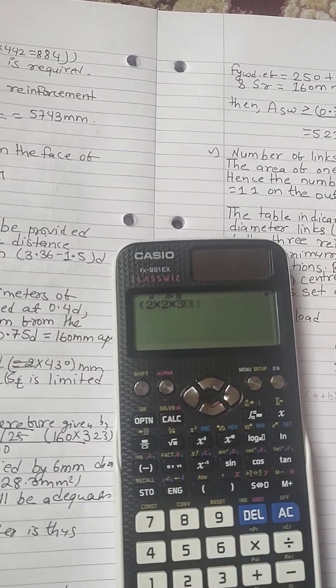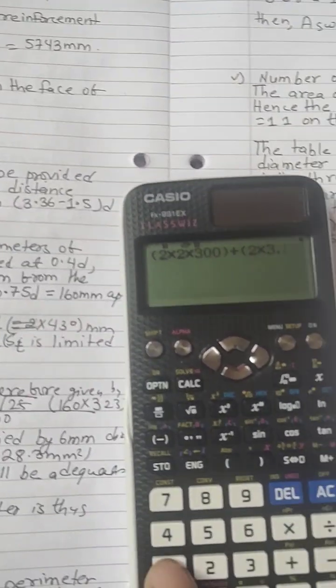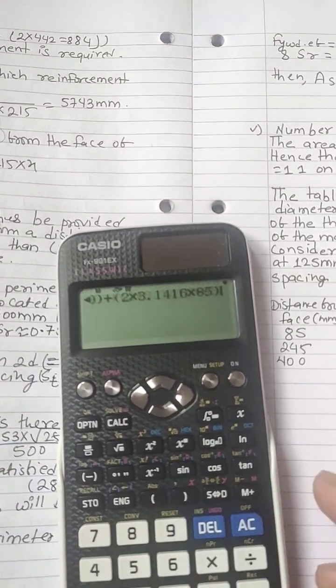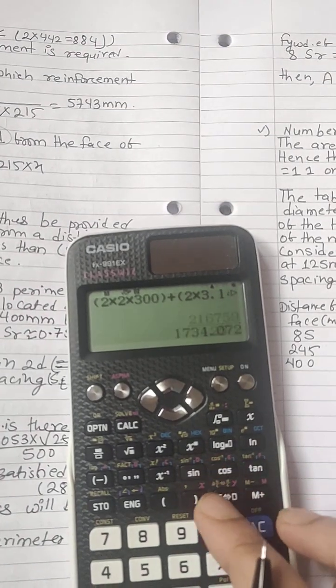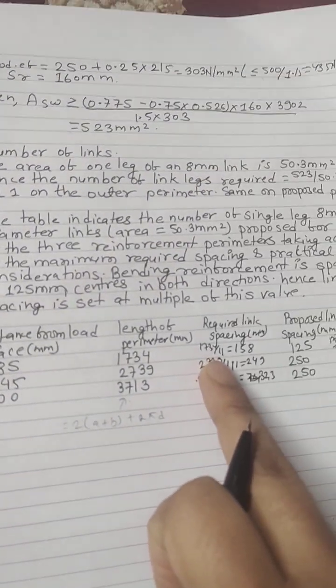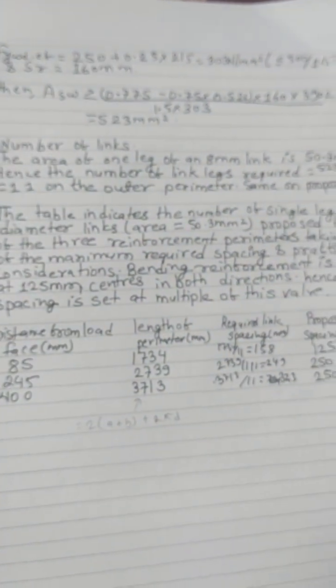So it's 2 into 300 plus 2 into 3.16 into d, 85, which equals 1734. We have given a round figure, and the regular link spacing is 1734 divided by 11 bars.